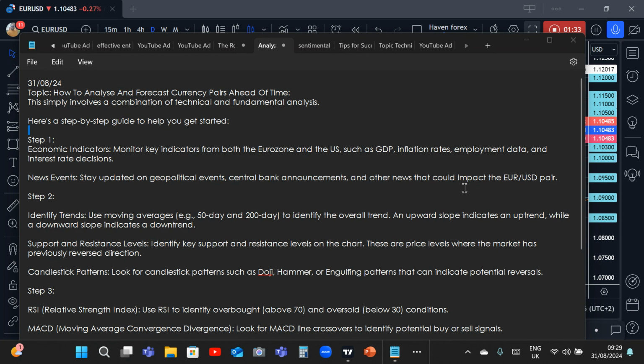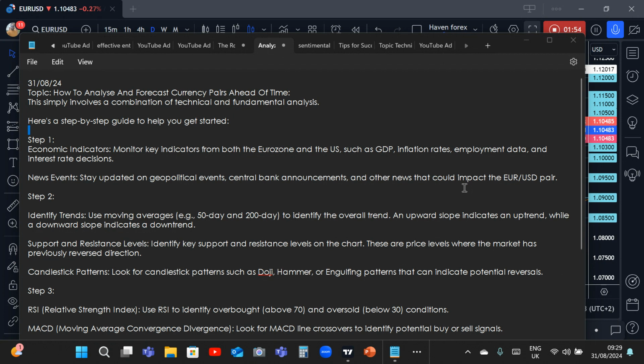All right. So the topic of today is how to simply analyze and forecast currency pairs ahead of time. What this means is this simply involves a combination of technical and fundamental analysis.